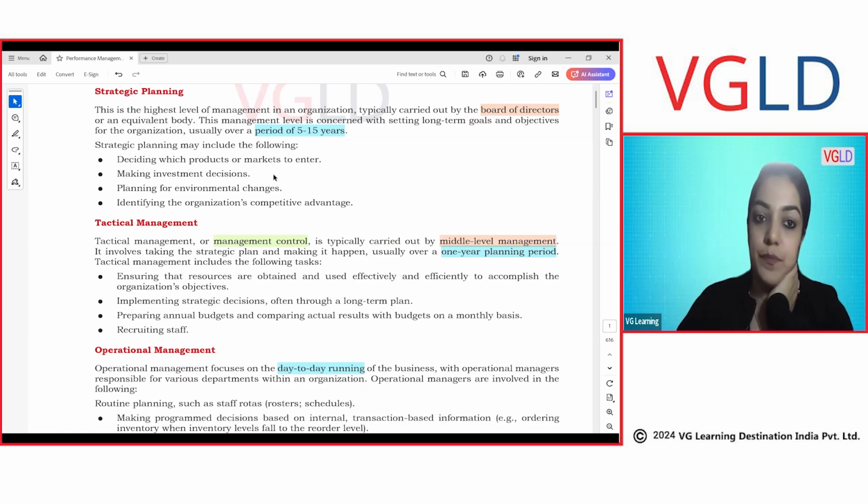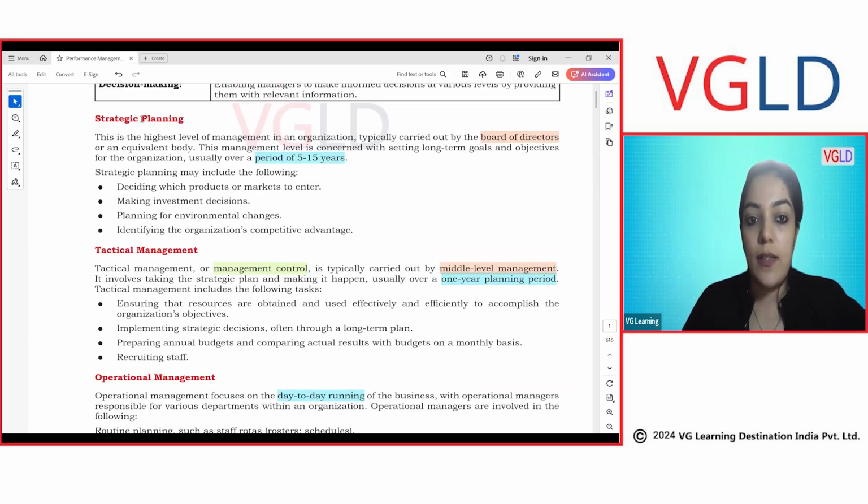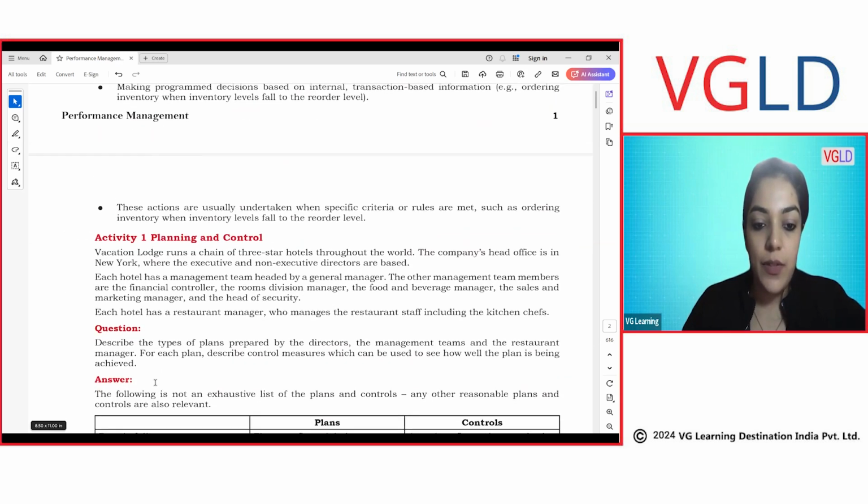Is it okay? Are the three levels clear? All right. So consider this as high, medium, and low levels of management. So, an activity here for you.